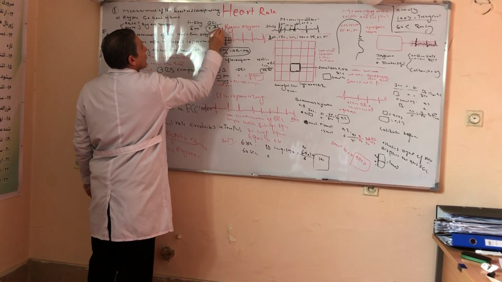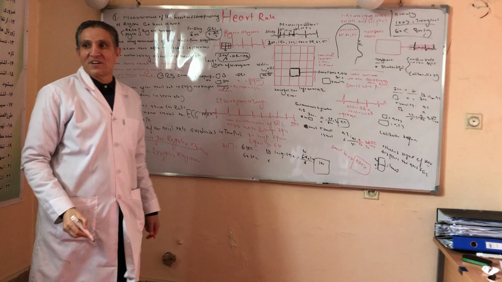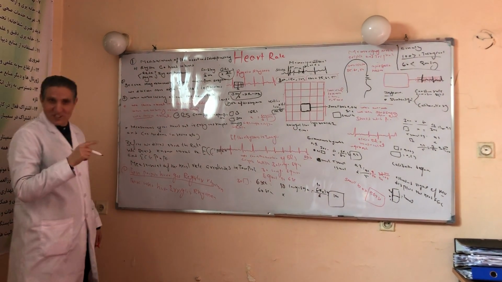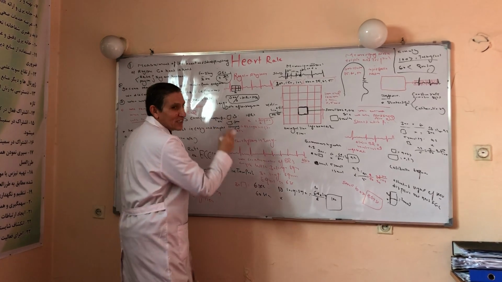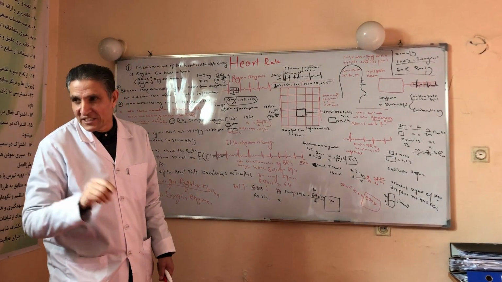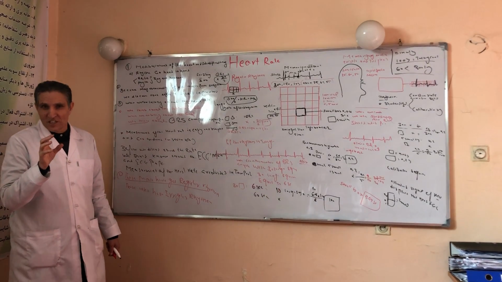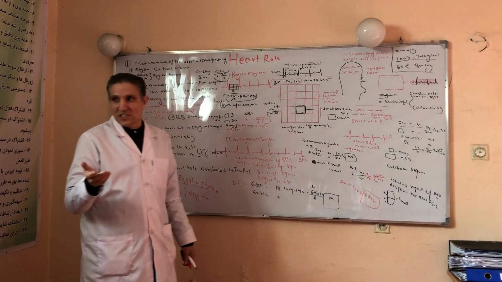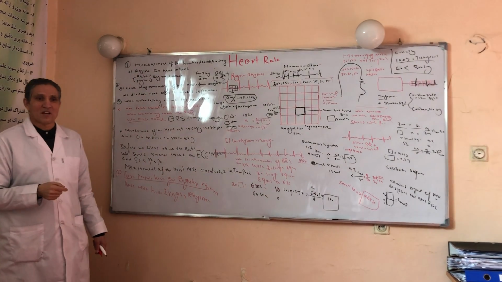This was the mechanism by which we rapidly divided 300 by 3. Did you catch this one? Yes. If the rhythm is regular, the measurement of the heart rate is very easy because 300 is divided by the number of large squares, and we get information about the heart rate rapidly and immediately.